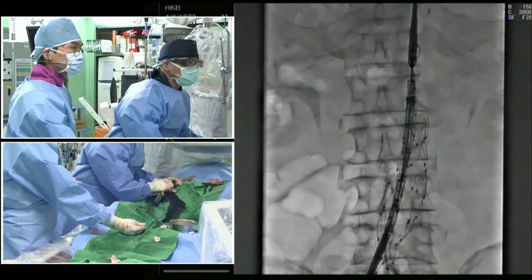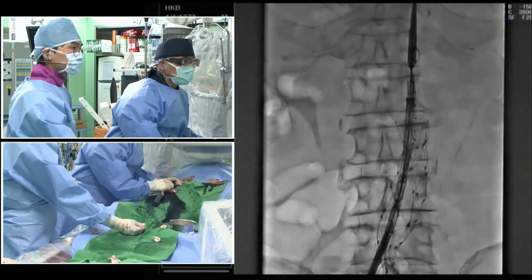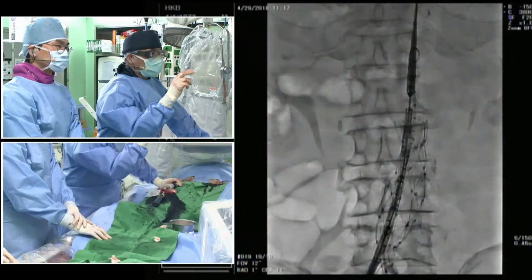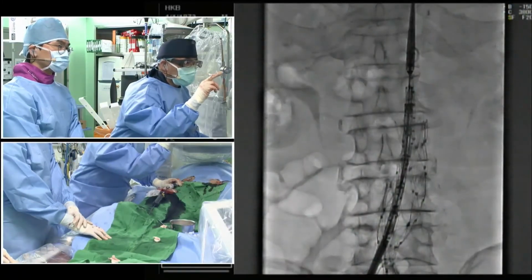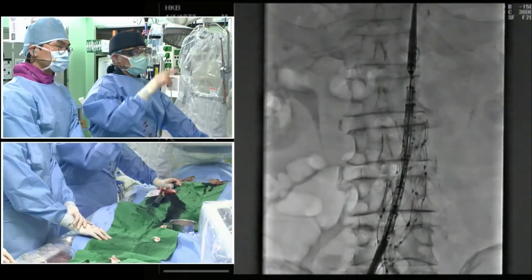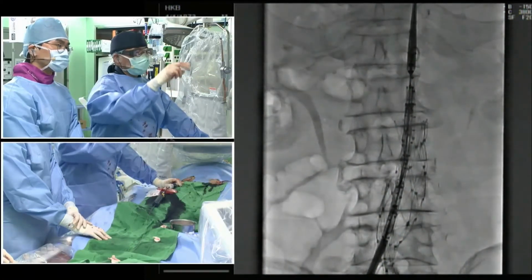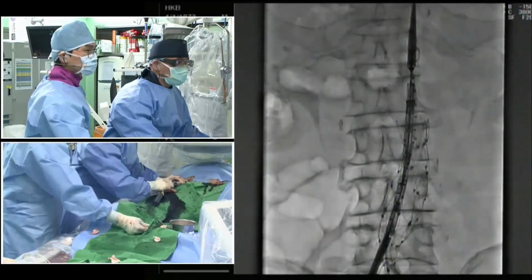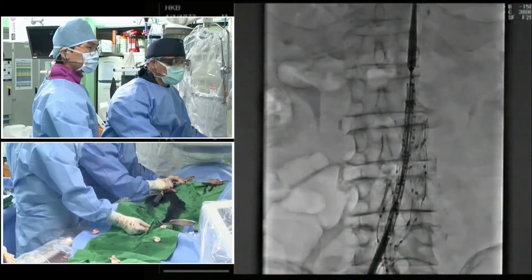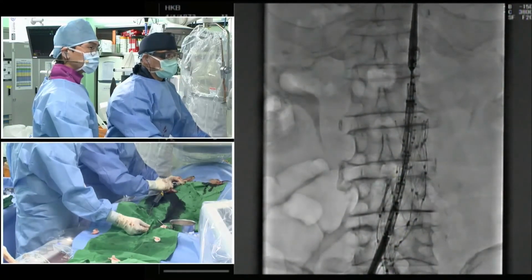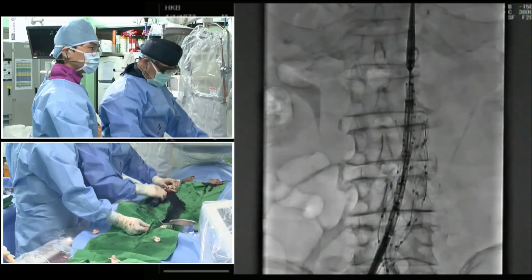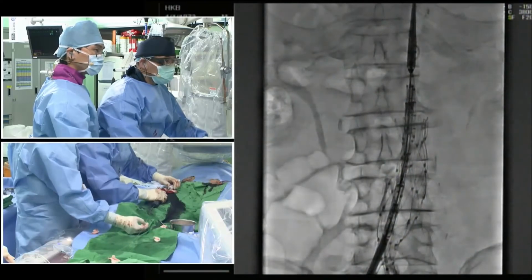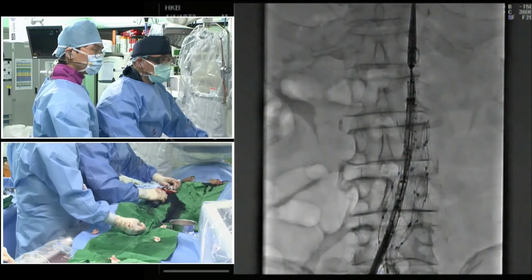Yeah, so it has the bare metal portion, and the second marker indicates the beginning of the graft. So the level of the graft is maybe 1 centimeter higher than the right renal artery ostium. Do you still have the stiff wire in on the delivery system?